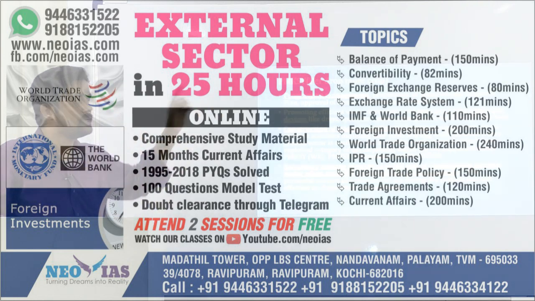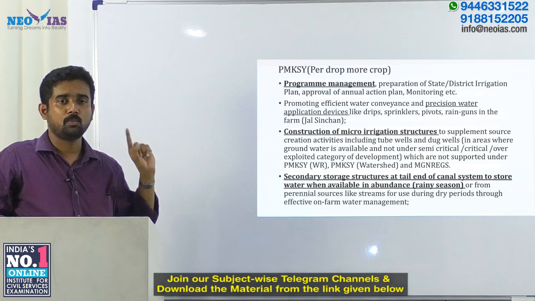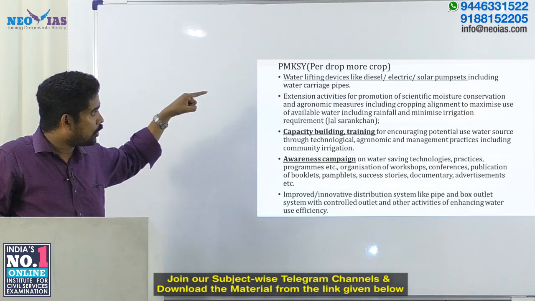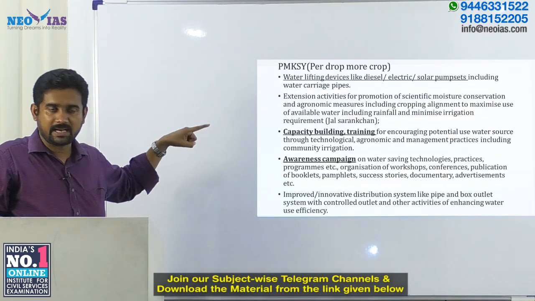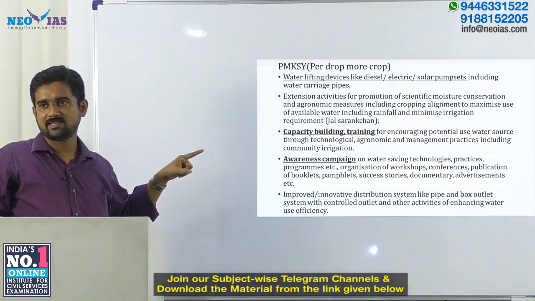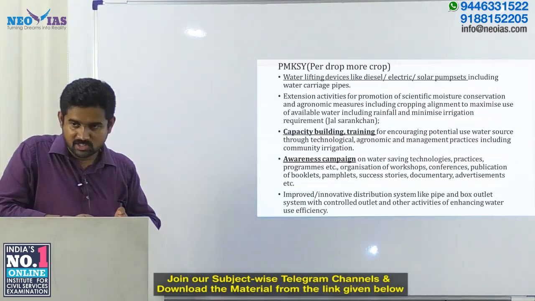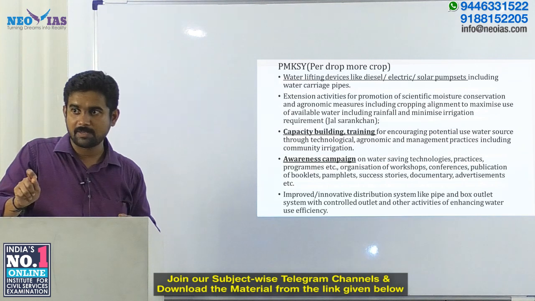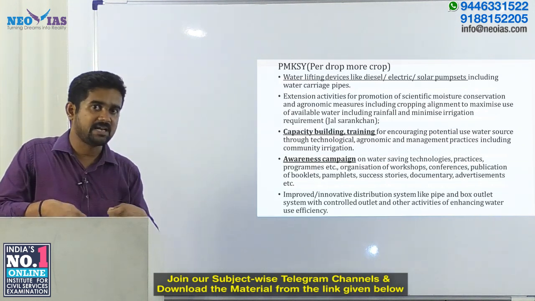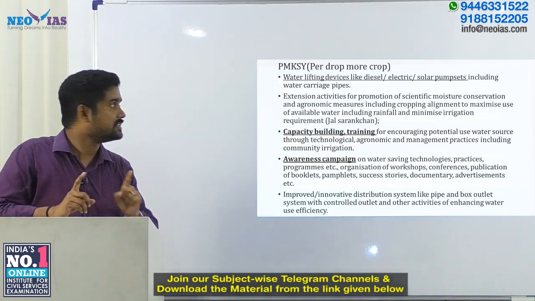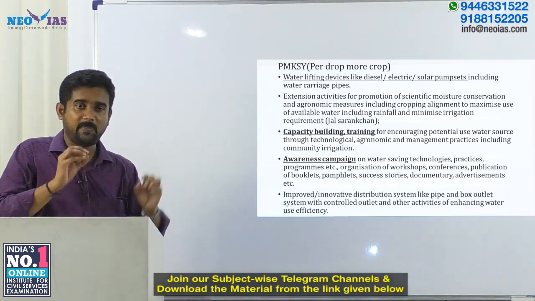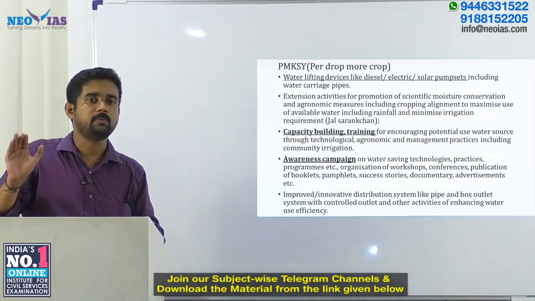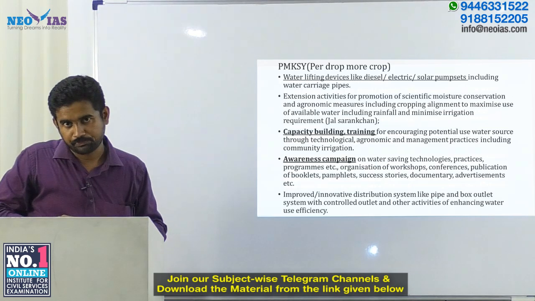That is the crux of the PMKSY per drop more crop component. It also focuses upon capacity building and training of people, awareness campaigns, etc. So, water conservation through technology as well as through campaigns and awareness creation is taken care of by the per drop more crop component under this scheme.